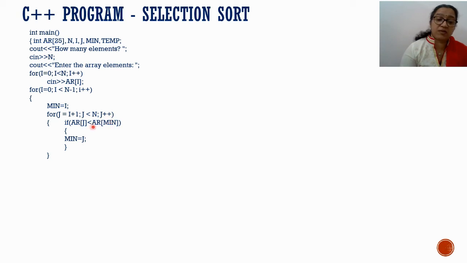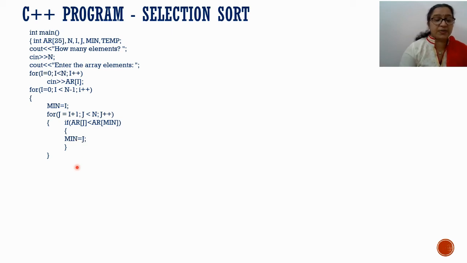If it is not lesser, j plus plus and min stays 2 itself. So by using position number also, we can find the smallest element. After this loop, we have the smallest element's position in min now.